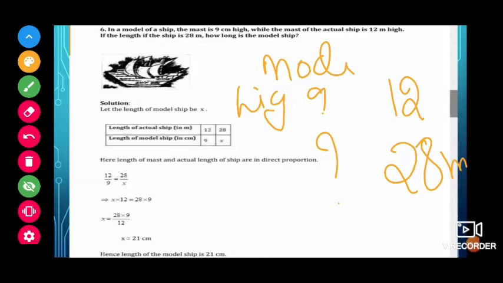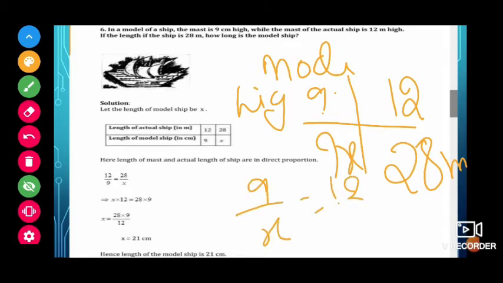Here I have written it in the ratio method. If the unknown thing is x, then 9 by x is equal to 12 by 28. So x is equal to 9 into 28 by 12. This is one way.